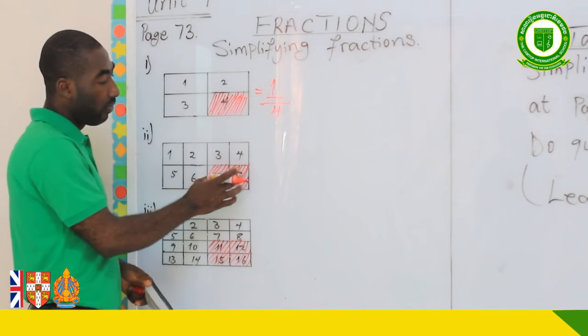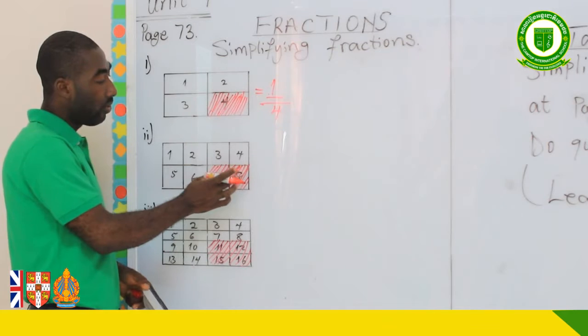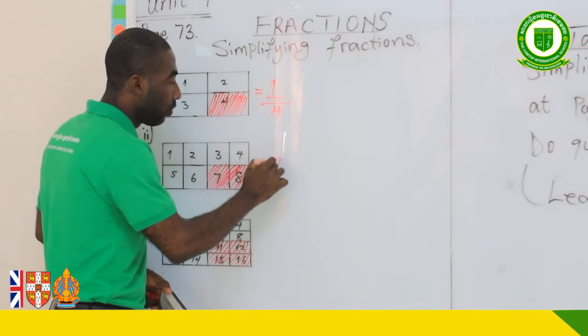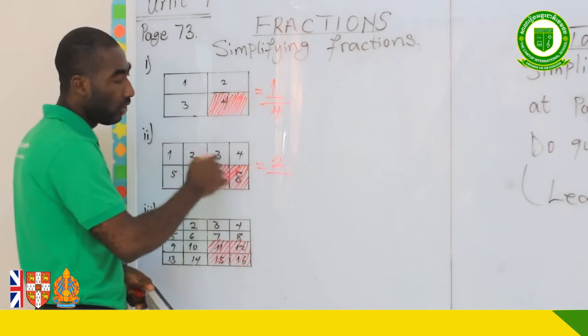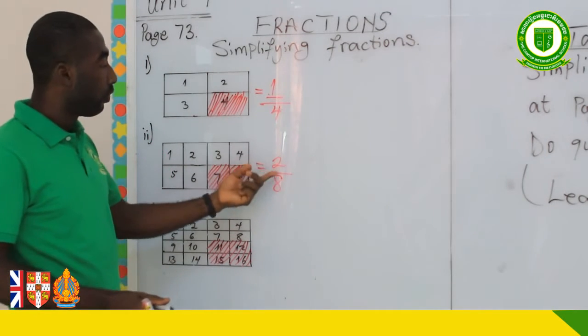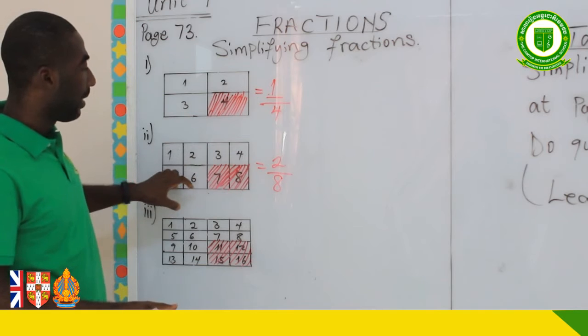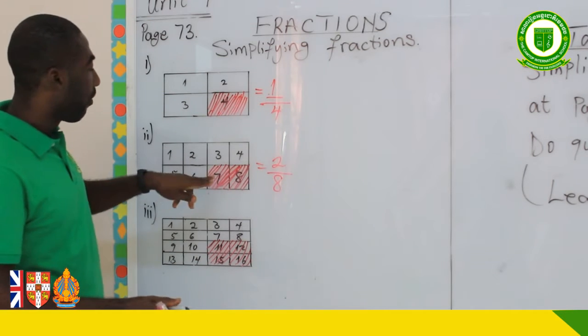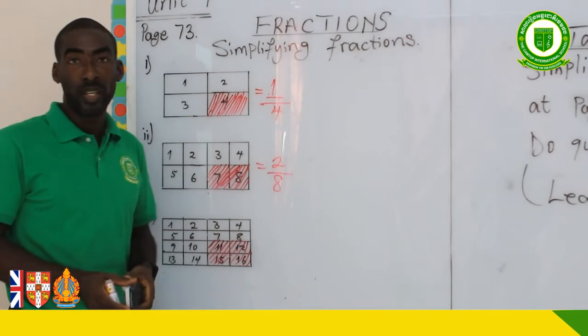So the fraction of this section that we have indicated red becomes 2 out of the total that is 8. So 2 out of the total 8 becomes the fraction for what has been shaded.